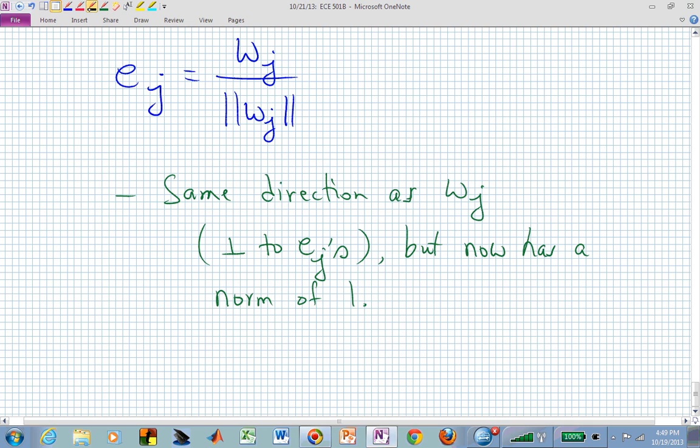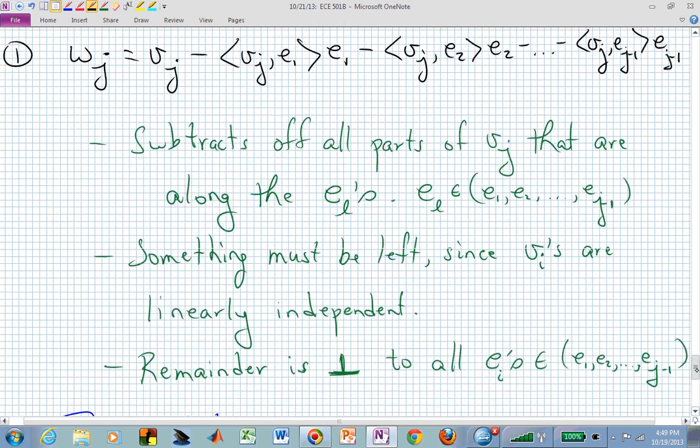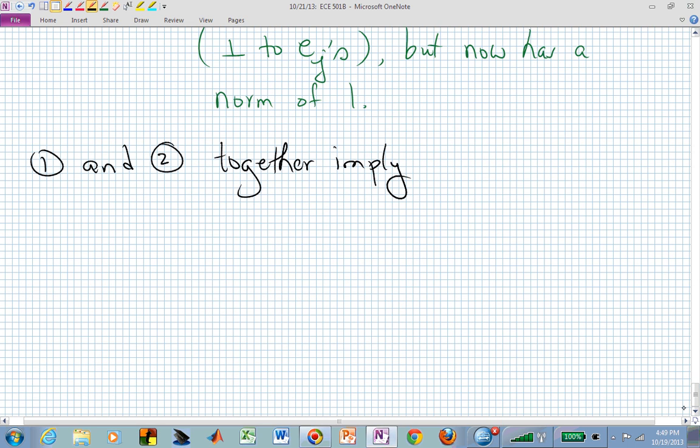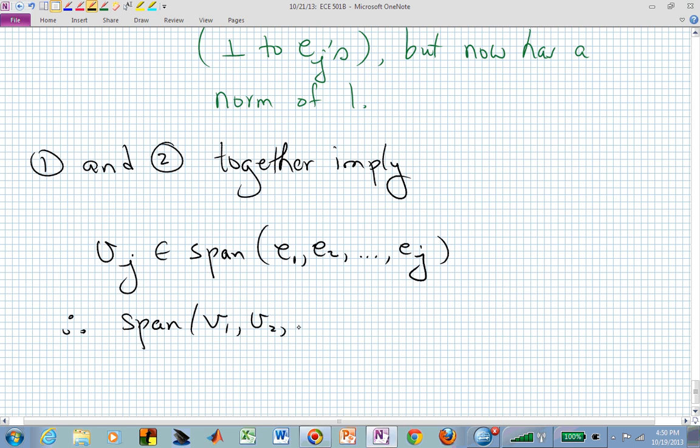If we now take those two steps as a whole, 1 and 2 together, they now imply that V sub j is in the span of E1, E2 up to E sub j, and consequently the span of V1, V2, up to V sub j is contained in the span of E1, E2, up to E sub j.